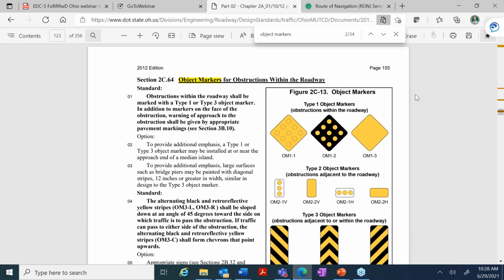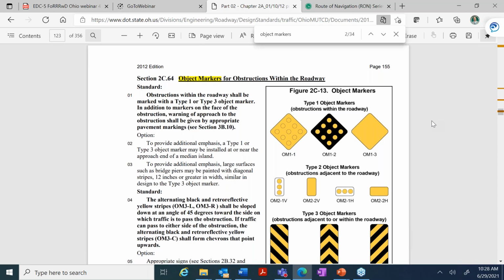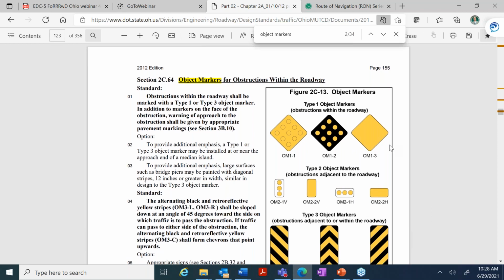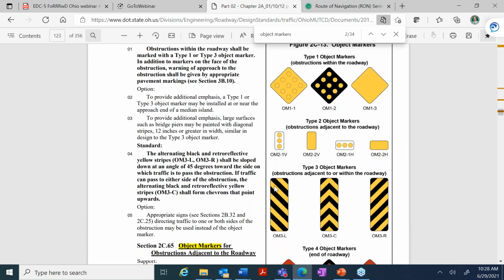Can you see this on the screen, Mike? Yes, yeah. Then we have all the information about object markers. So we have different object markers for different reasons.